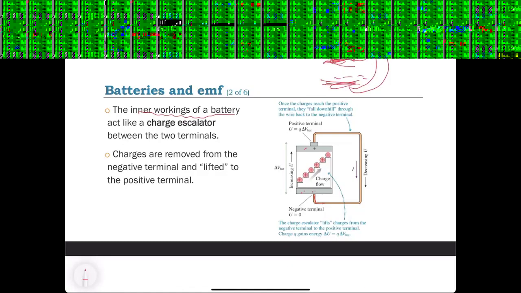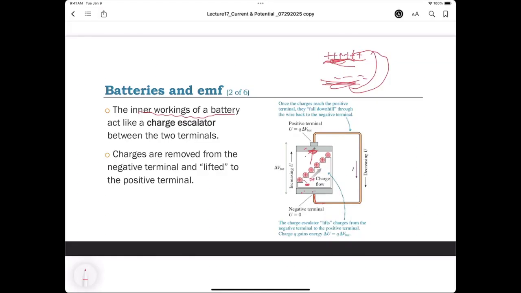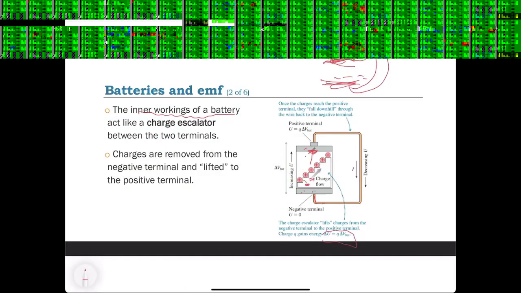You can see here there are some charges, and the charge escalator lifts charges from the negative terminal to the positive terminal. The charges go to the positive terminal first, inside the battery, and the charge Q gains energy. This we talked about in the last class.